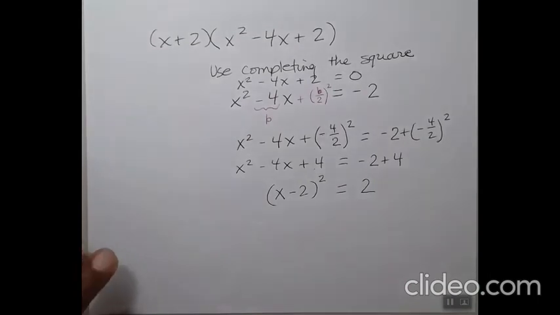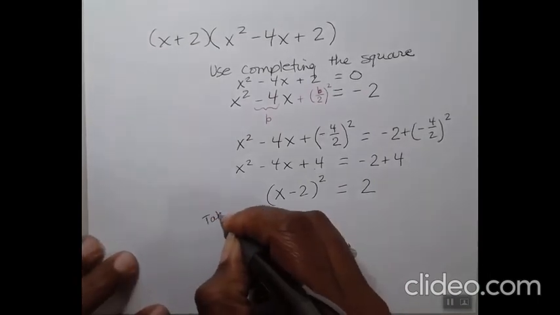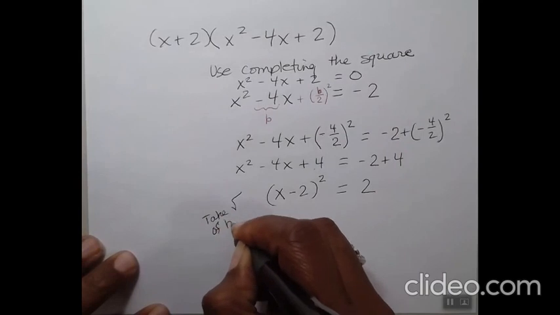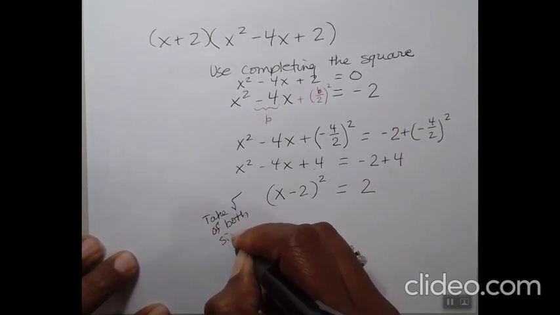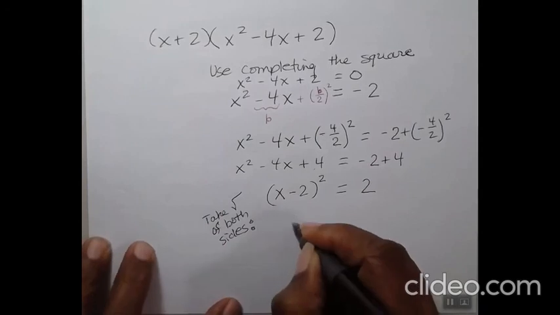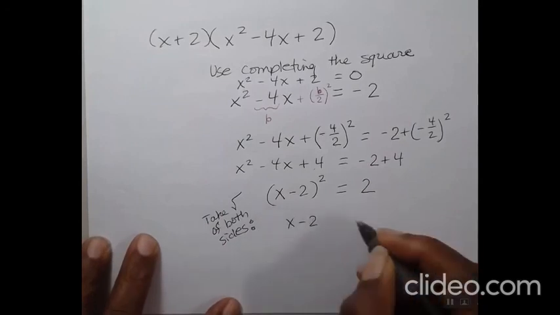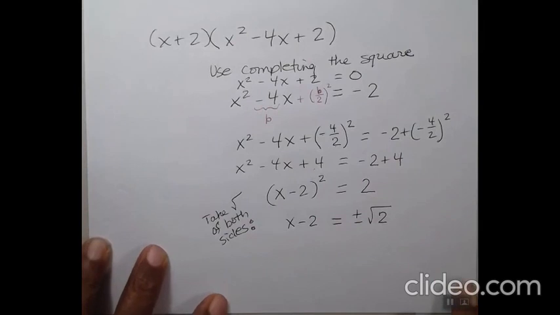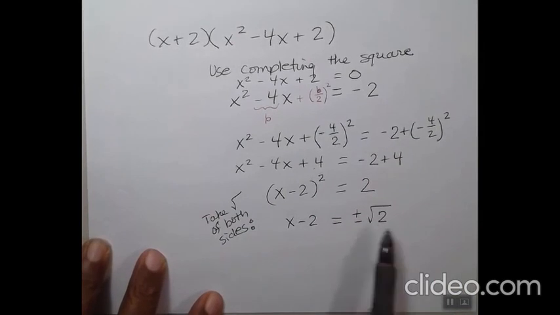In order to find the roots, you need to take the square root of both sides. Take the square root of both sides is our next move. So we have x minus 2 equals plus or minus the square root of 2. Plus or minus because there are two roots.